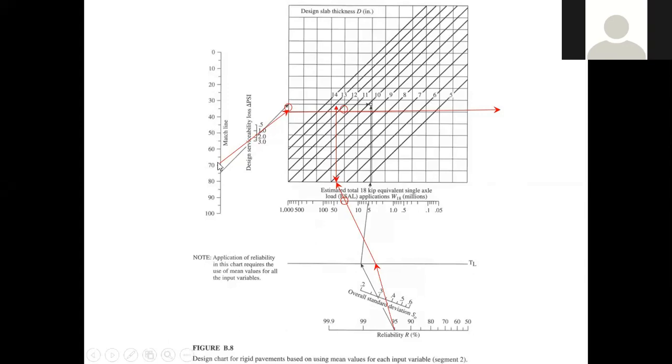Once you stop at 68, you stop at 68. Join design serviceability delta PSI. Stop here and draw a perpendicular out of this graph. Now you cannot go to the bottom. Actually, then you start from the bottom. Reliability to the standard deviation 0.35. You stop here.